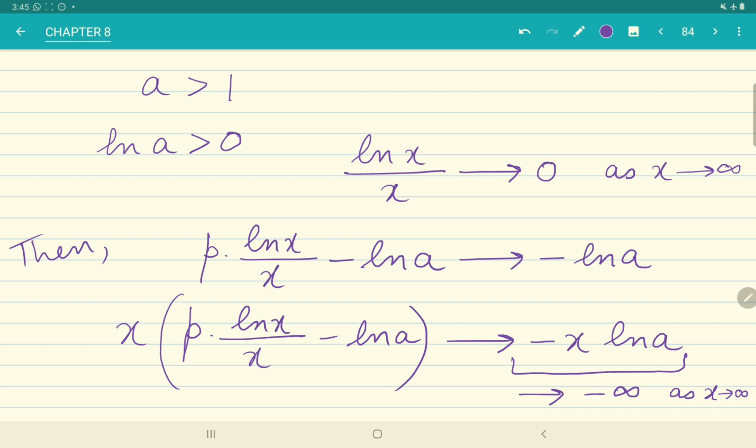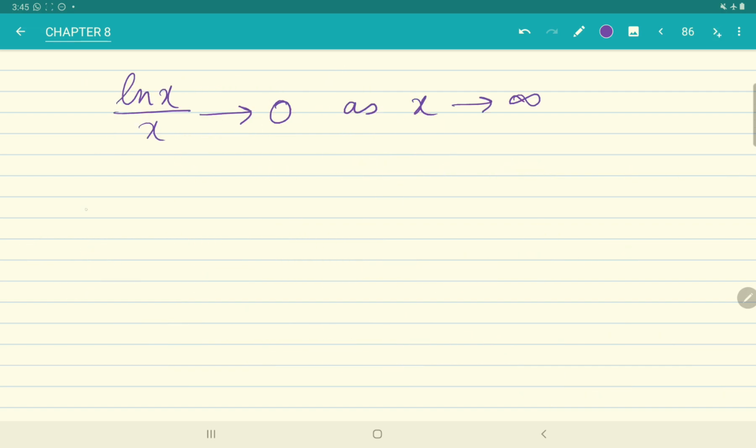And minus x ln a tends to minus infinity as x tends to infinity, precisely because I know that ln a is greater than 0. So now we have proved that ln x^p divided by a^x tends to minus infinity as x tends to infinity. And this is what we wanted.